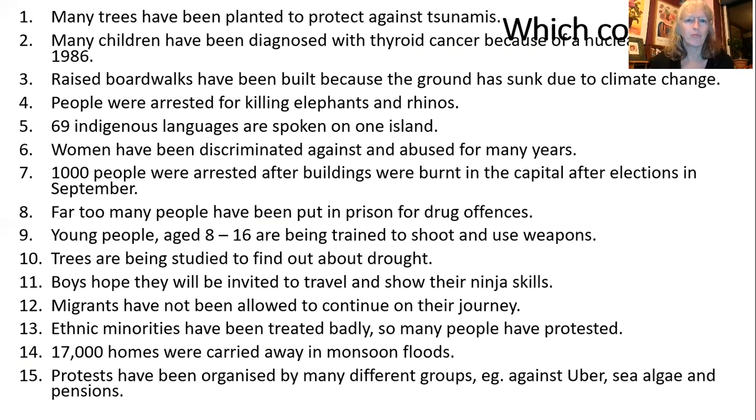For example, number 1, which countries need protection against tsunamis? It could be somewhere in Asia, couldn't it? It could be Thailand, Indonesia, one of those Asian countries. Okay, it doesn't matter if you're right or wrong, just say what you think. Pairs, discuss, pause now.